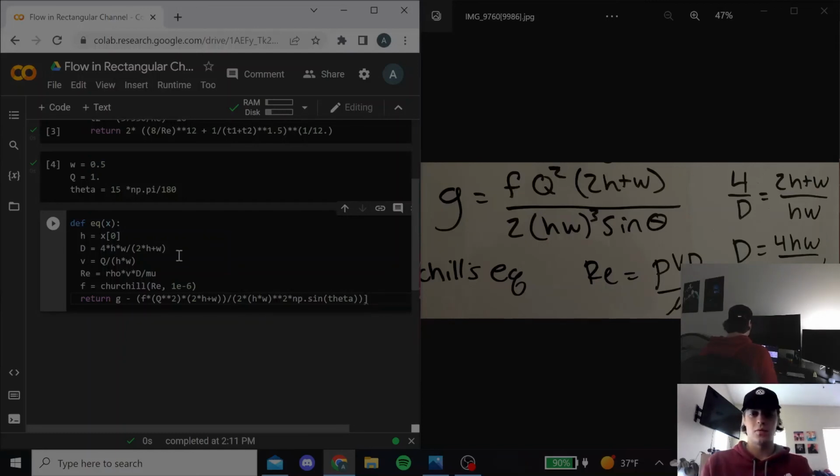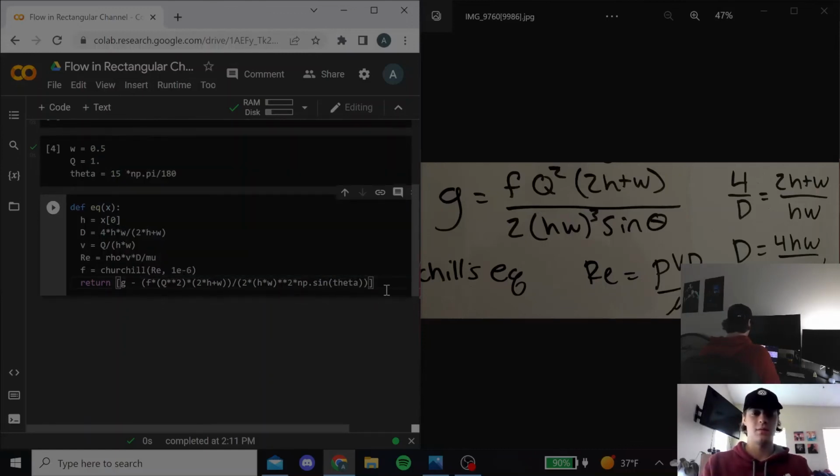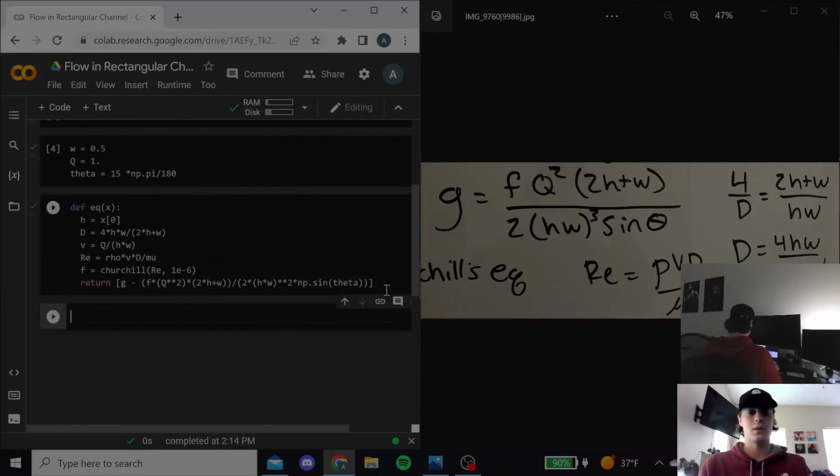Then I need to make sure that we return this as an array, and then we can test and see if this works.